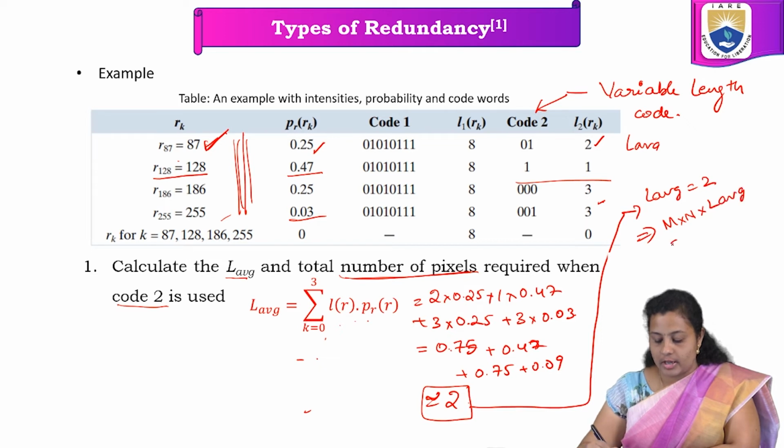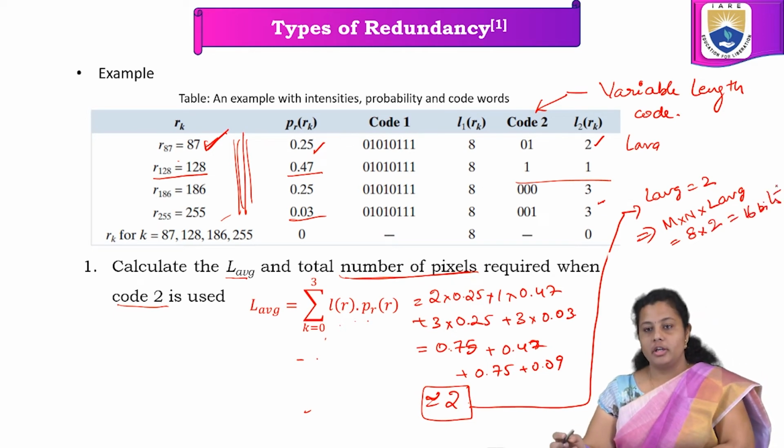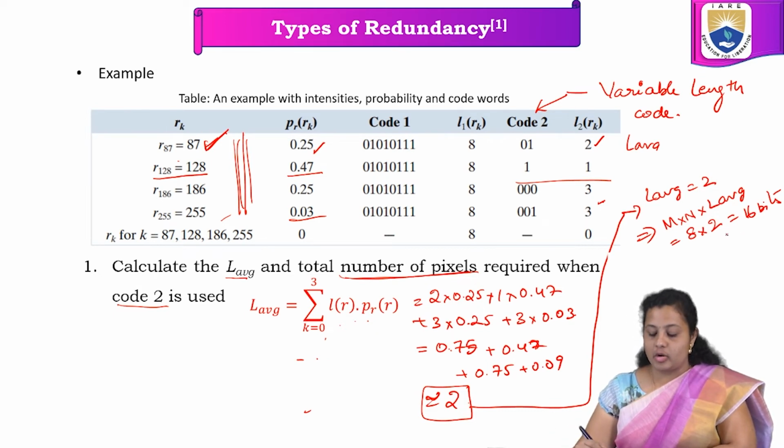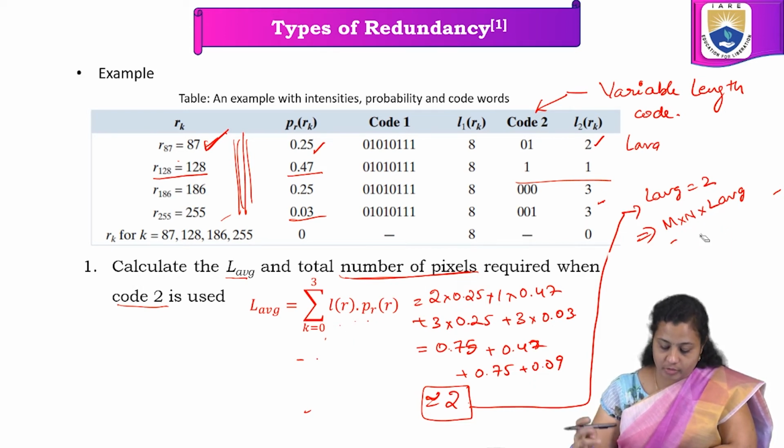Here m cross n is 4, so 4 into 2, and we require only 8 bits. Before, when we used fixed length coding, we required 8 cross 4, which was 32. Now we require 2 cross 4, which is equal to 8 bits.